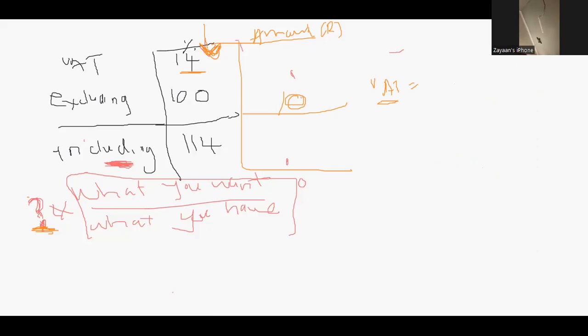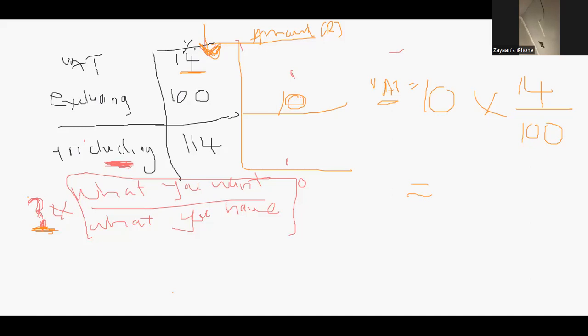So this is 10, right? Times 14 divided by 100. Oh, is it divided by 100? Yes, it's 10 times 14 divided by 100, and that will give us the answer.